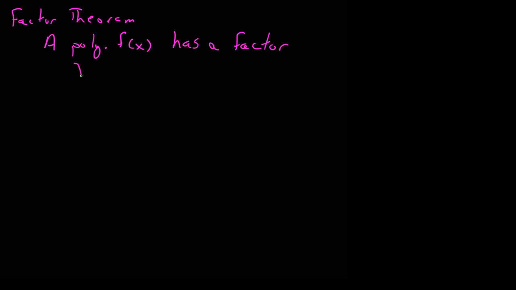And so I think the first thing the book does is it creates something called the factor theorem, and it's an extension. And I kind of went over this when we were talking about the remainder theorem. They're saying, hey, you have this remainder theorem. Well, a polynomial f of x has a factor x minus k if f of k equals 0.